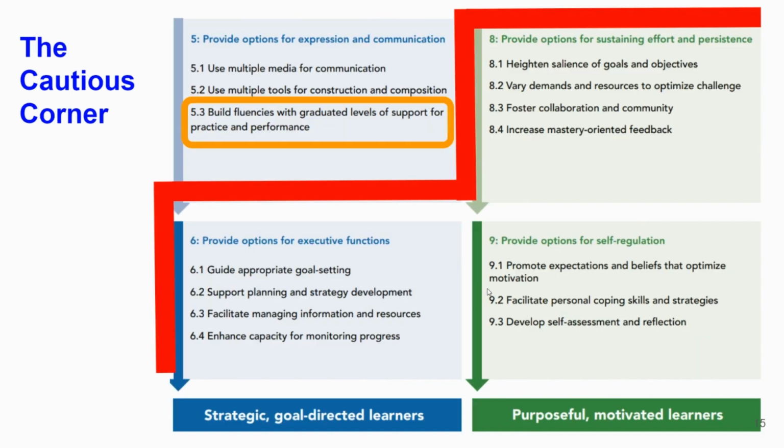We have to remember that when we're in the cautious corner, some students are going to master things quickly. They'll have it by the end of the first 20 days. Some of them will not master it by the end of the first 20 days, and that's just information for us, which is one of the reasons why we often do the first 20 days at the beginning of the school year, because if I only have my students for a semester, say in a CTE class, or if I have my students for the whole year but every other day, it feels like I don't have a lot of time to circle back with students who might need more scaffolds.